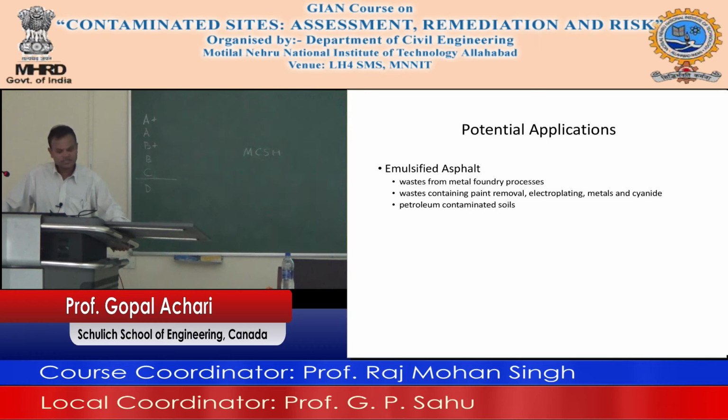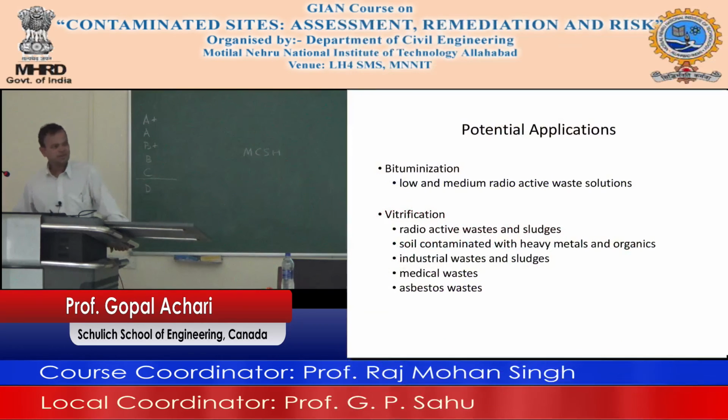Vitrification: radioactive waste and sludges, soils contaminated with heavy metals and organics, industrial waste, sludges, medical waste, asbestos waste. This is where you can't dig out, or if you dig out, just the very fact that you're digging out may cause a problem.